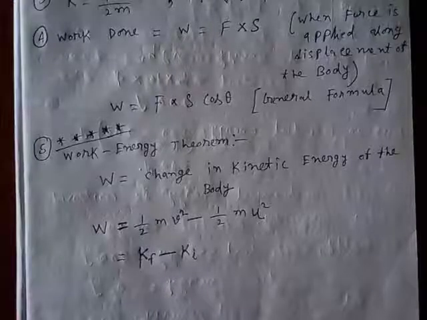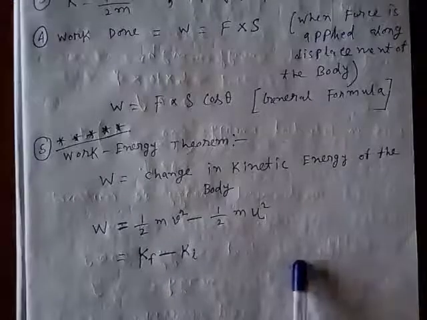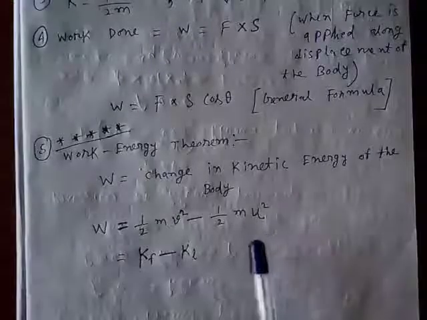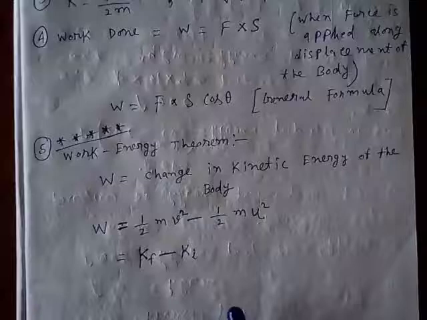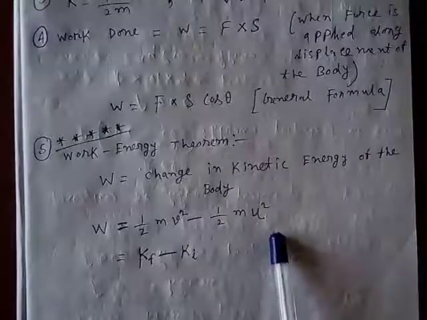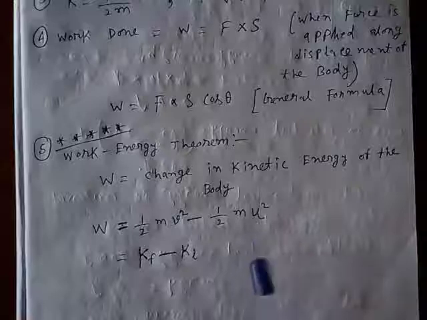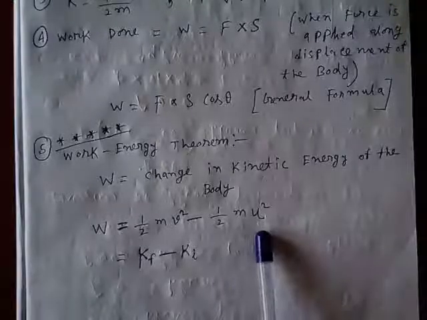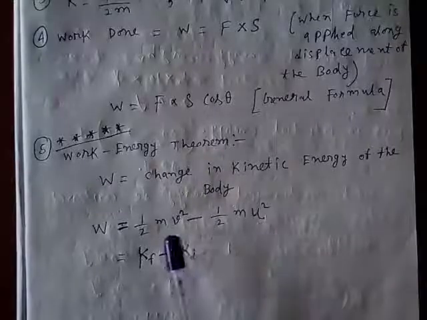Suppose I am considering that a body starts its motion with a velocity u, that means u is the initial velocity. So kinetic energy of that body is half mu square, that is the initial kinetic energy, and after applying a force, the velocity of the body increases and becomes v.